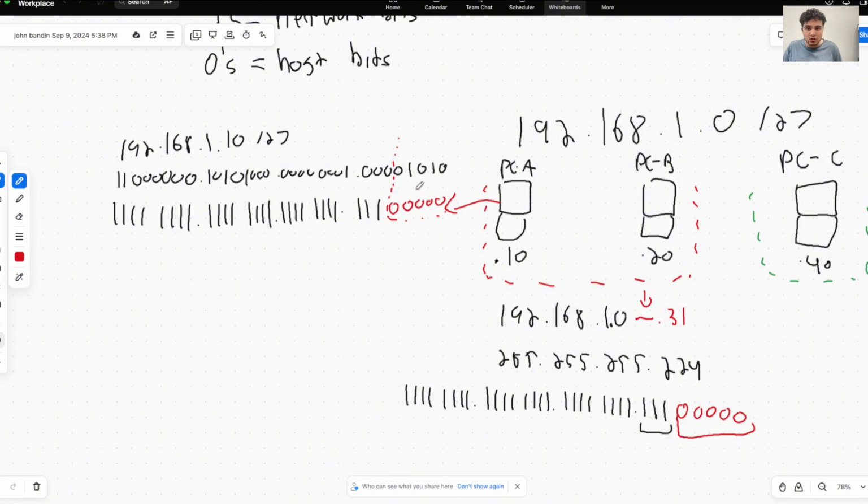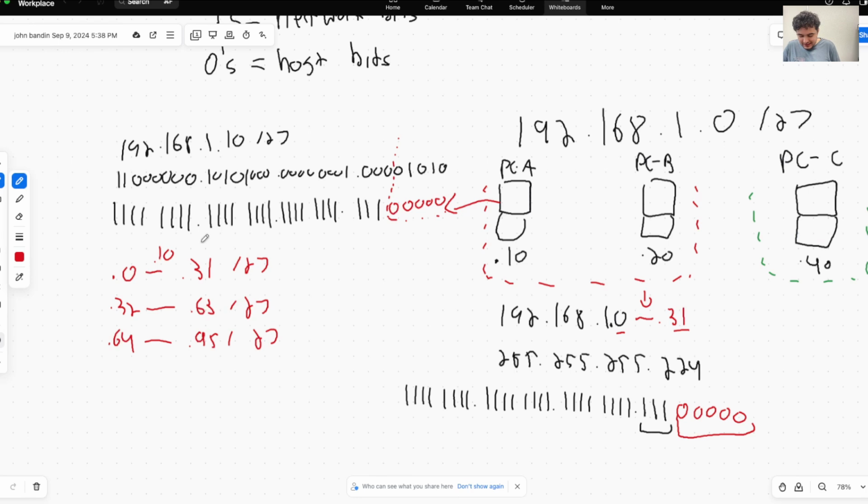So I know that I am in this range, 0 through .31, because I'm .10. And if I know that my network mask is only allowing me 31 other hosts to talk to, and I'm .10, and if I start at 0, that means .31, .32, .63. Here are all the ranges that could possibly be after, .95/27. I know I fall within here.